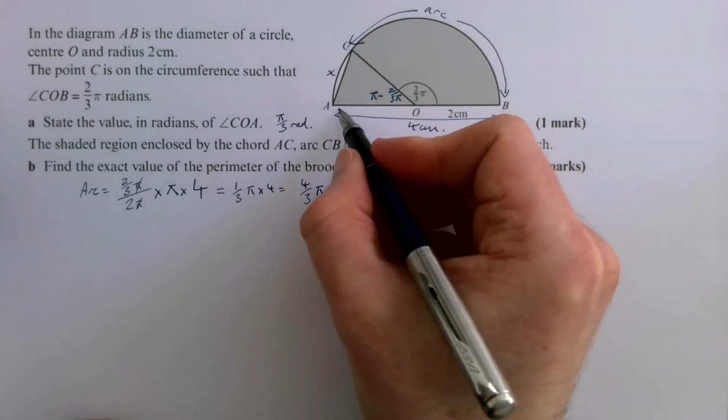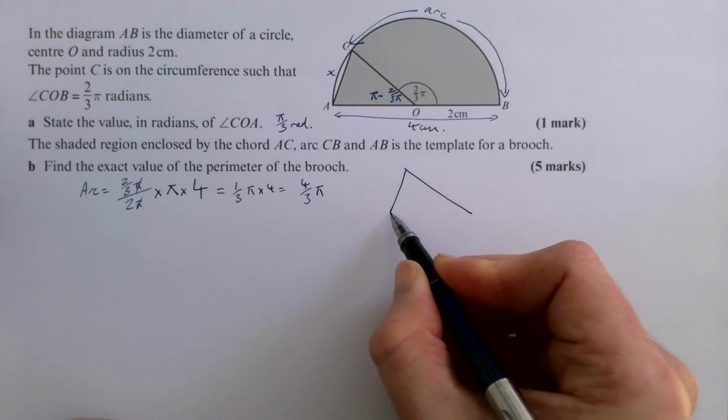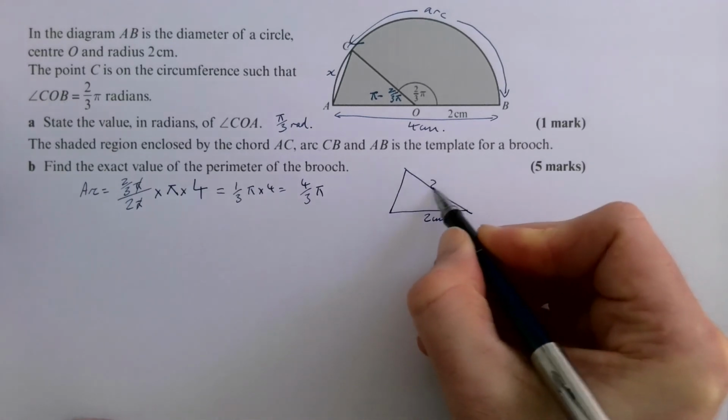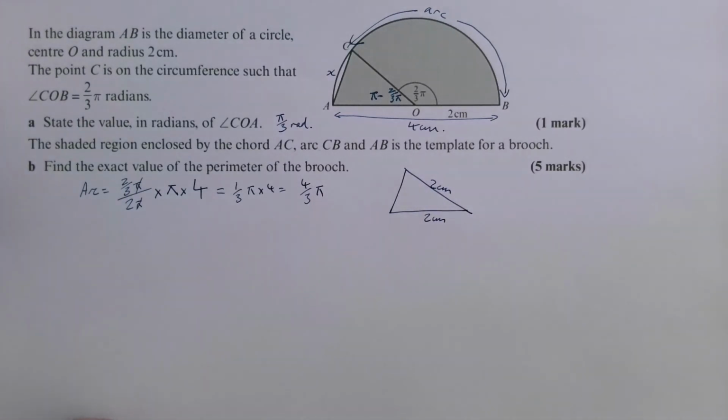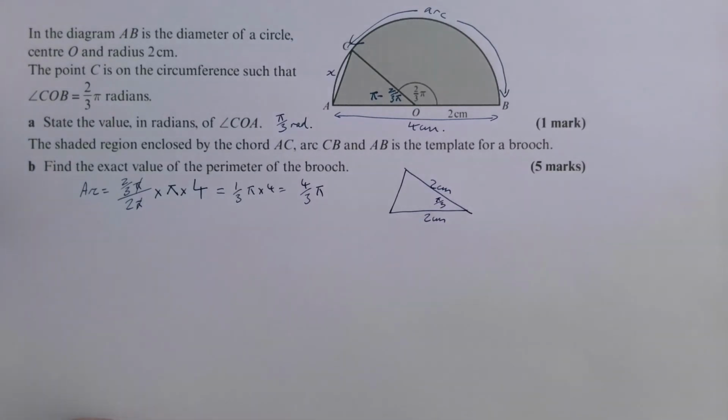Now I know if I just consider that triangle separately, I know that we've got radiuses there and there, so I know it's an isosceles triangle like that. I know that this is pi over 3, which is actually, oh, let's think about this.